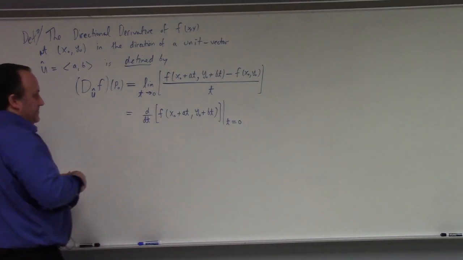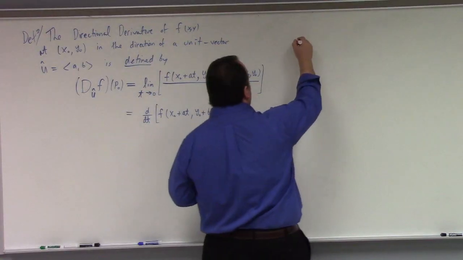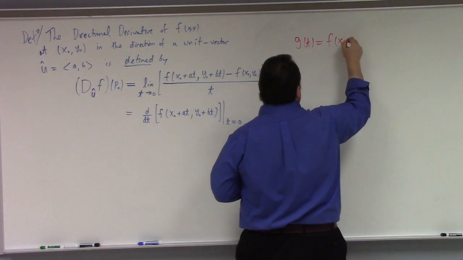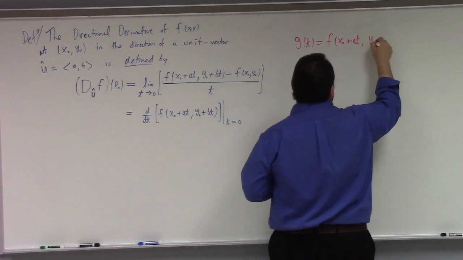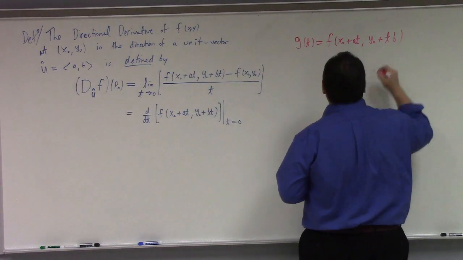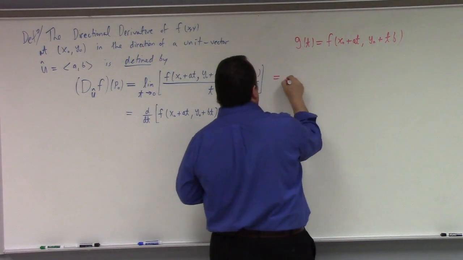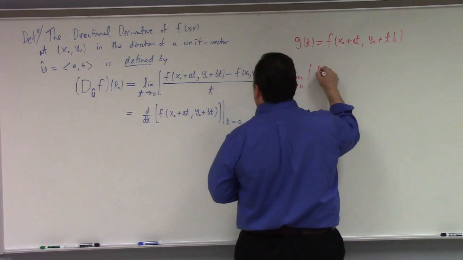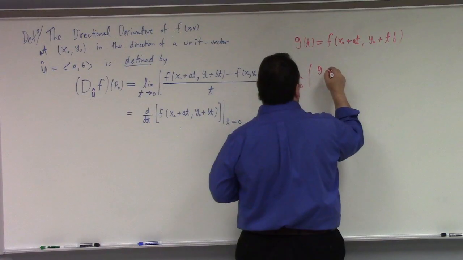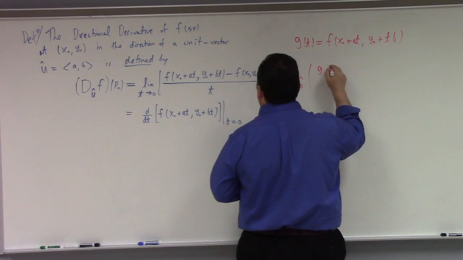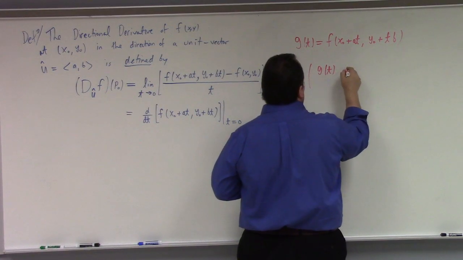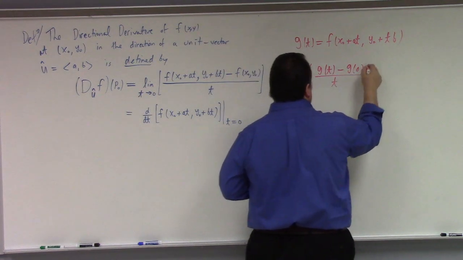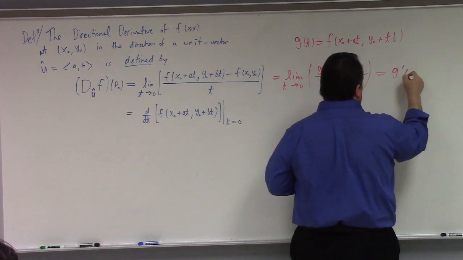In other words, if you were to let g of t equal f of x naught plus at, y naught plus tb, all right, then this is straight up the limit as t goes to 0 of g of t minus g of 0 divided by t, which of course is otherwise known as g prime of 0.